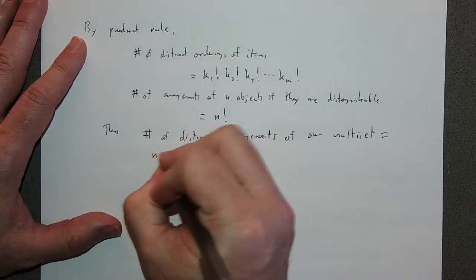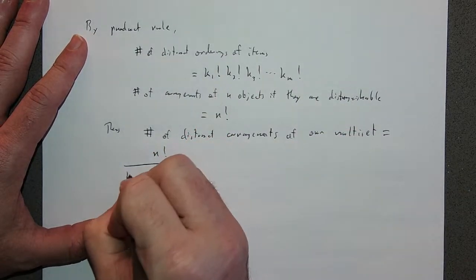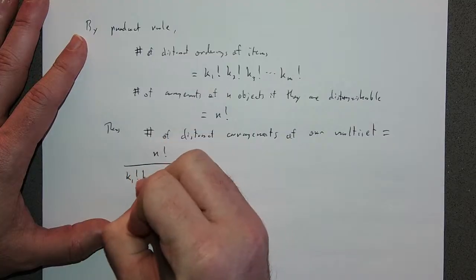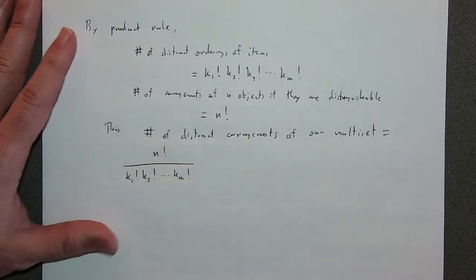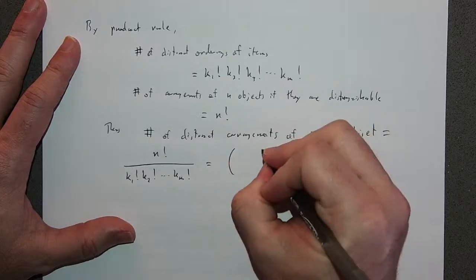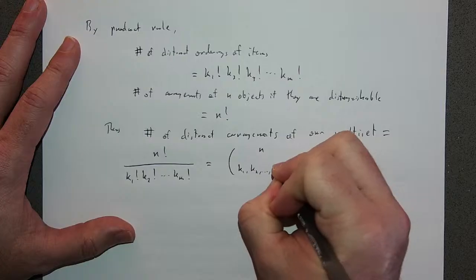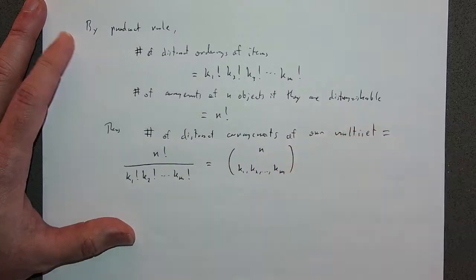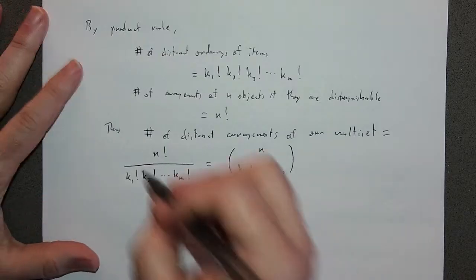It is n factorial, the total number of ways, divided out by the number of reorderings you could do without being able to tell the difference. Oh, but we've seen that before. This is just our multinomial coefficient. So the multinomial coefficient is counting the number of arrangements of this multiset in this way.